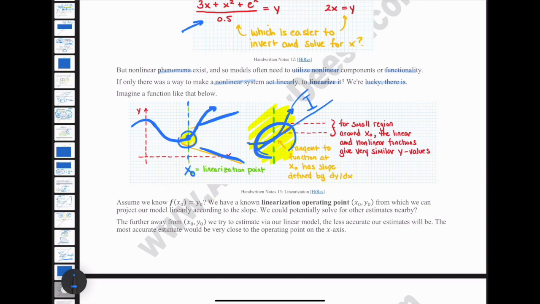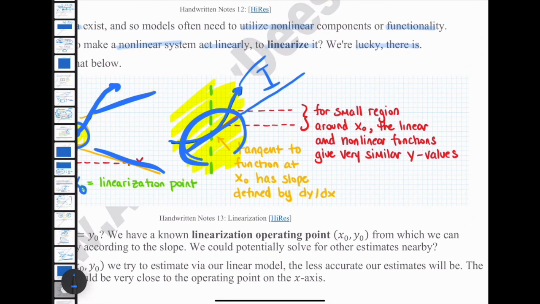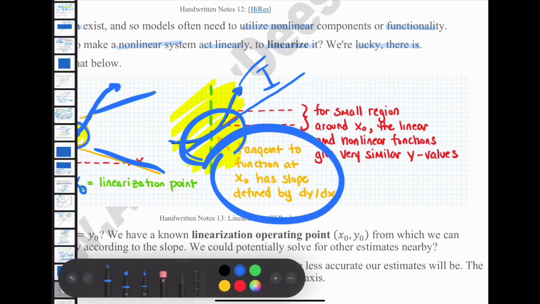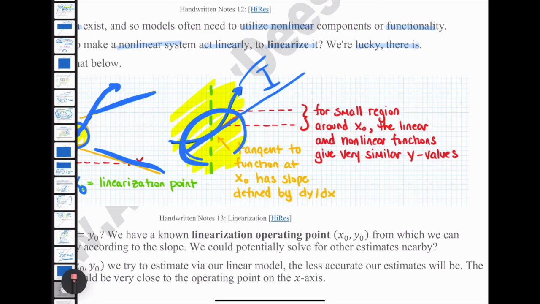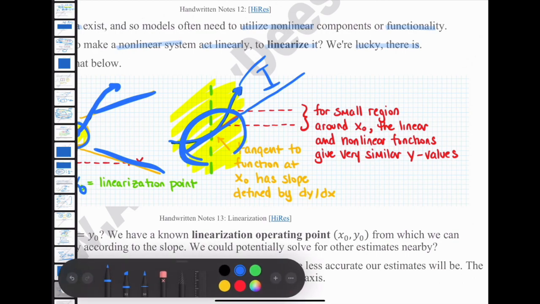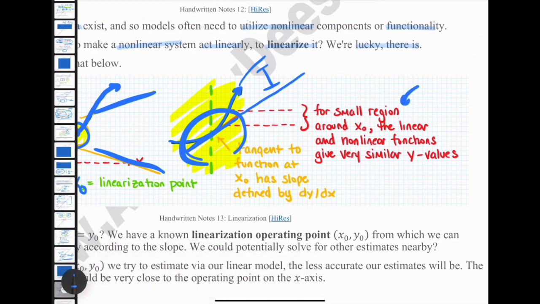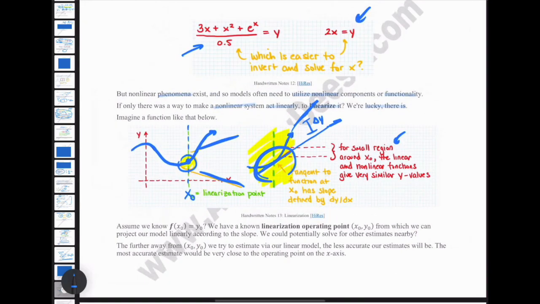So the tangent to the function at x0 has a slope defined by dy/dx. And for a small region around x0, the linear and nonlinear functions give very similar values, with a delta y being relatively small. And that delta only continues to increase as we move further and further out.